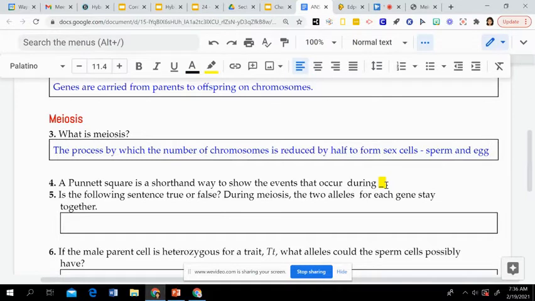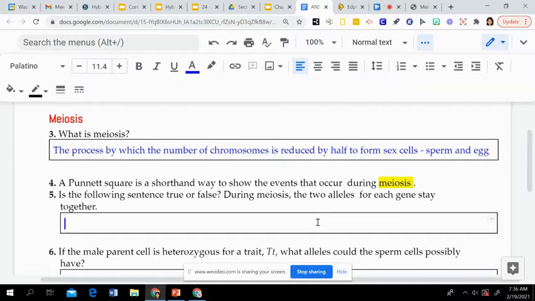If we click on our highlight here, then, is the following sentence true or false? During meiosis, the 2 alleles for each gene stay together. This is actually false. If you read about meiosis and Punnett squares, it says that when chromosome pairs separate and go into 2 different sex cells, so do the alleles carried on each chromosome.